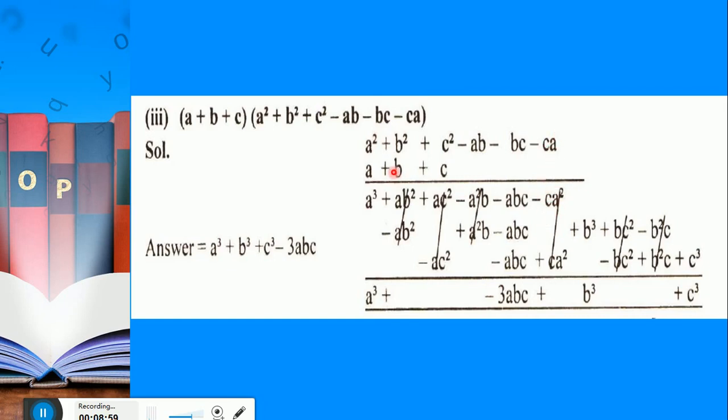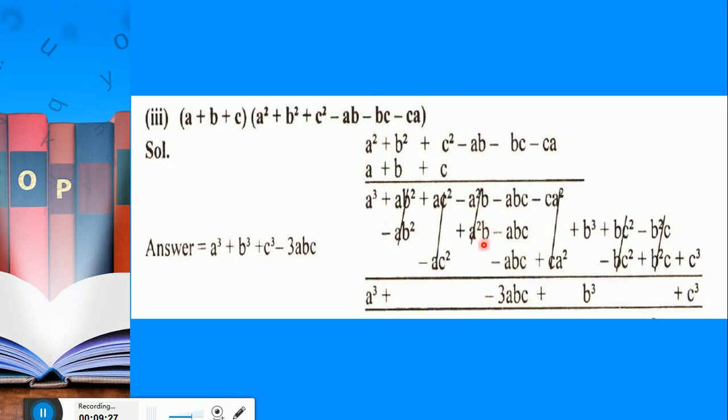Now multiply b with each term of the above polynomial. b multiplied by a square is a square b. We will write the like terms in one column, so we write a square b exactly below the a square b term.